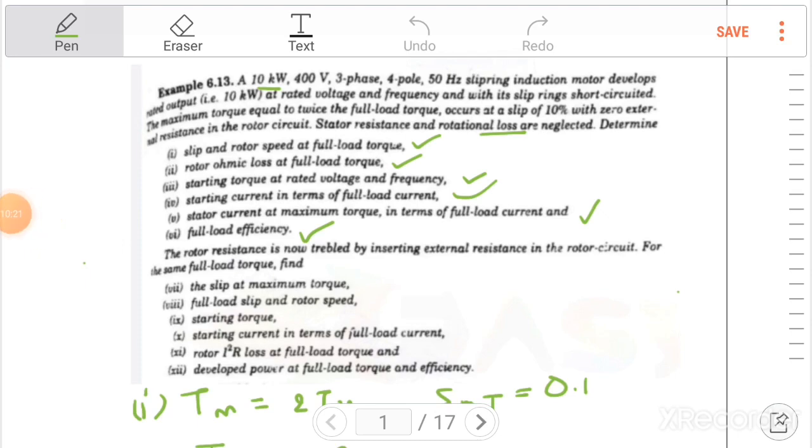From option 7th onward, instruction is given that external resistance is inserted in rotor circuit so that rotor resistance is now 3 times of previous one, and also given that full load torque will remain same. Now we have to find the slip at maximum torque in option number 7.